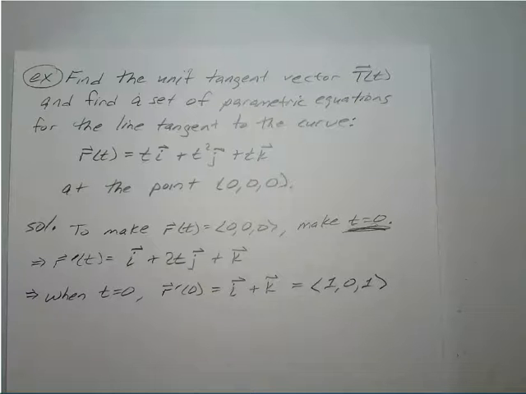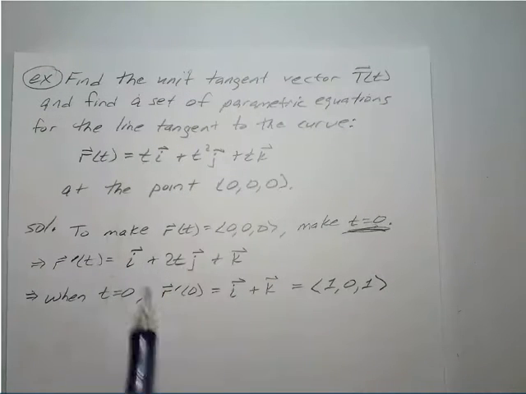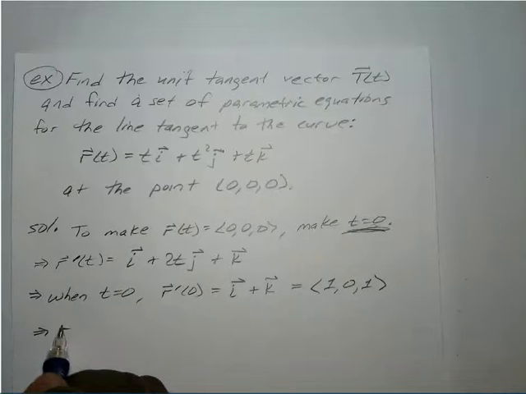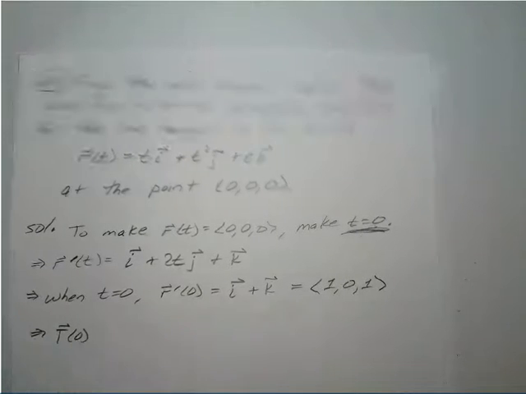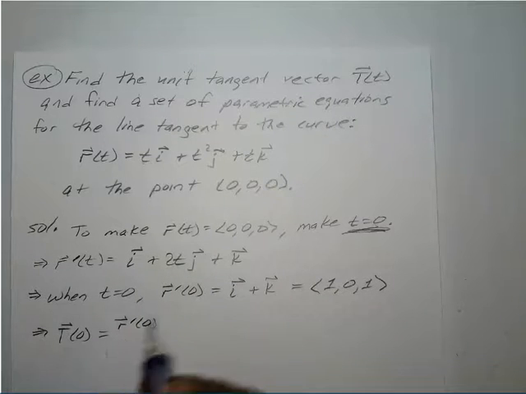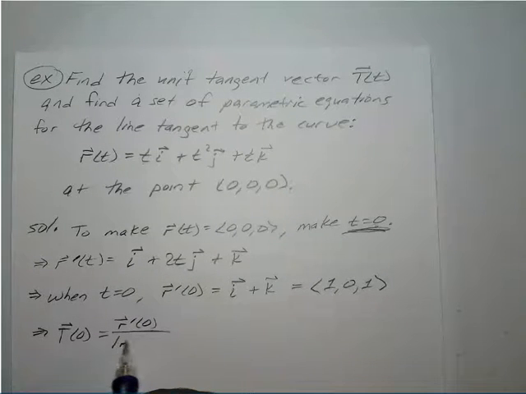Okay, so now we have to find our unit tangent vector at 0. So our unit tangent vector at 0 is just going to be our r prime at 0 over the magnitude of r prime at 0.